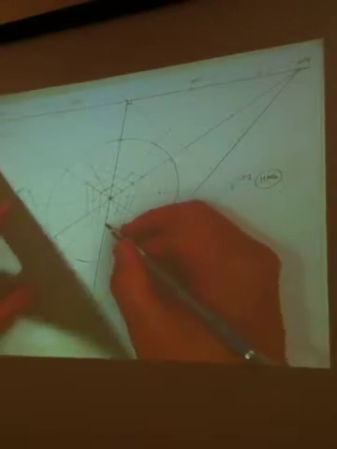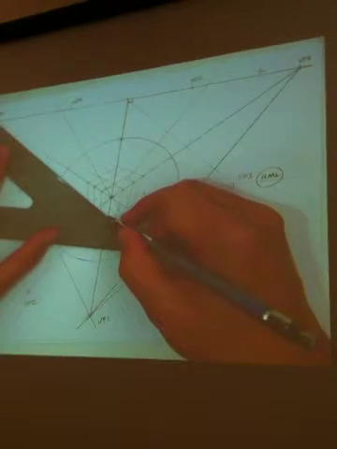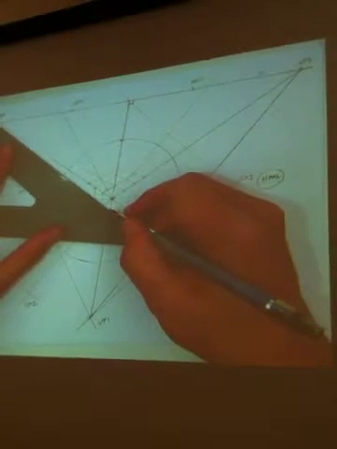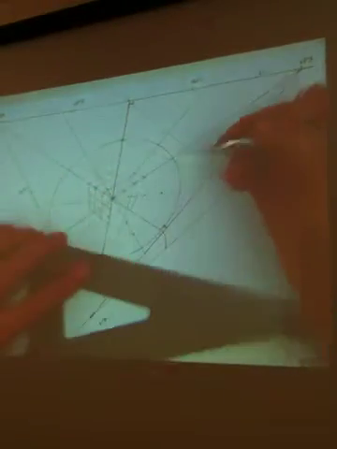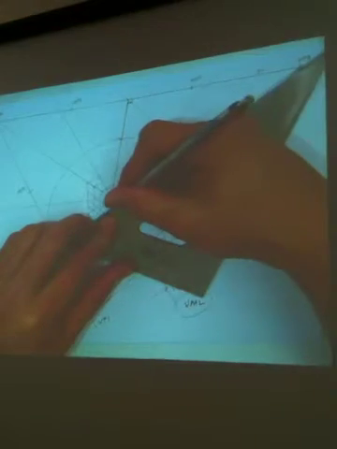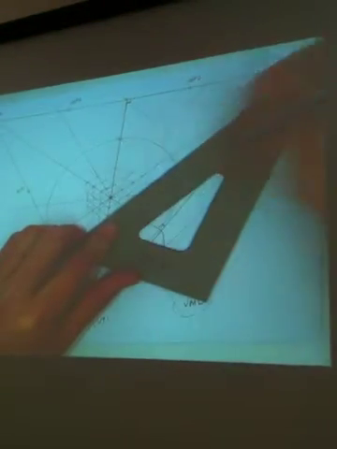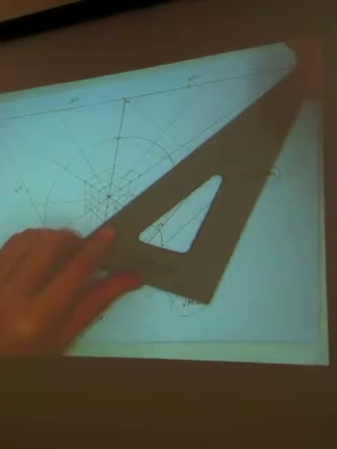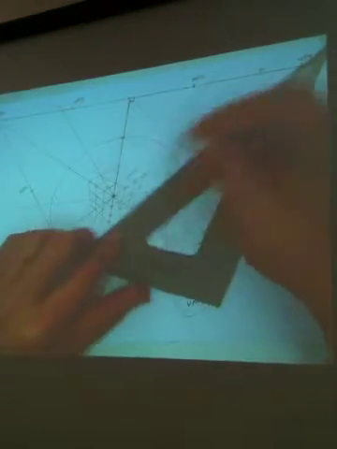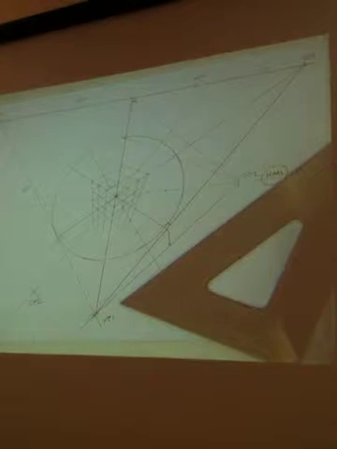And now when I finish it, to the VPs. Voila.